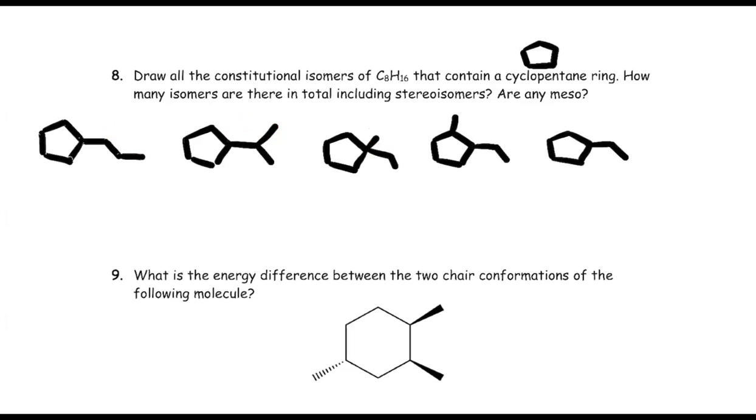And one here. I'm not going to continue because if I try drawing a methyl group over here, then it's going to be the same as the structure that I have drawn here. All right, now I'm going to take this methyl group and keep moving it around the ring. And then I am going to move this over here.